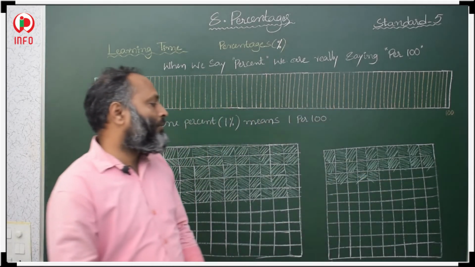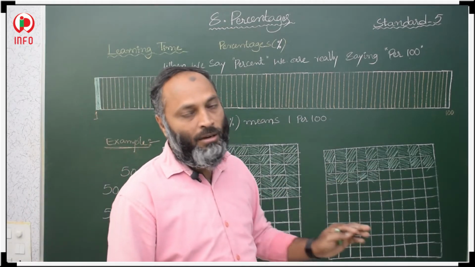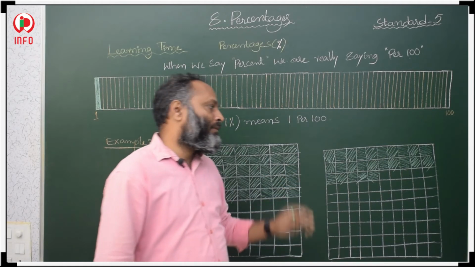In these 25 boxes, 25 grids we colored. So how much portion did we color?